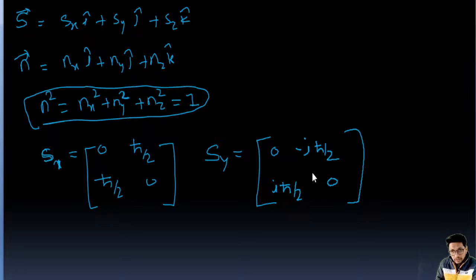And Sz is the matrix with h cut by 2, 0 in the first row and 0, minus h cut by 2 in the second row.